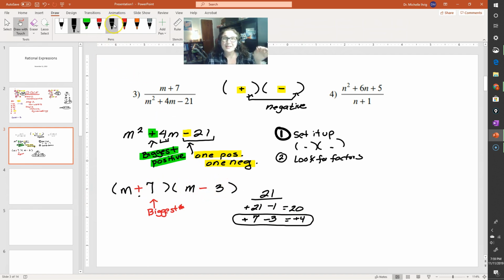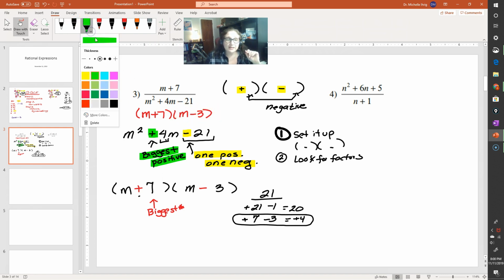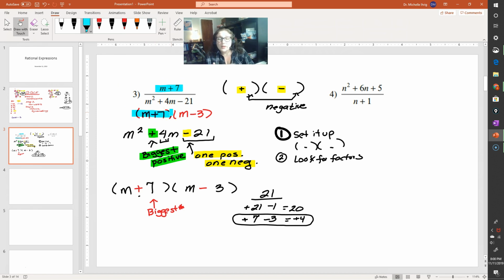Now, here is a hint. When you do this, almost always for this unit, see how right here it says m plus 7? Look at here, it says m plus 7. Almost always, one of the things you need to divide out is going to be there.